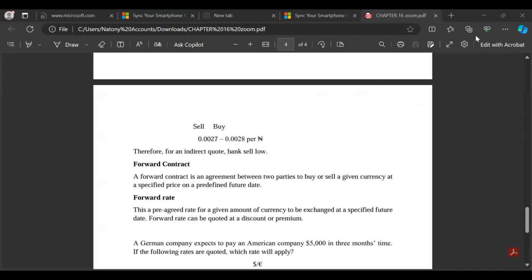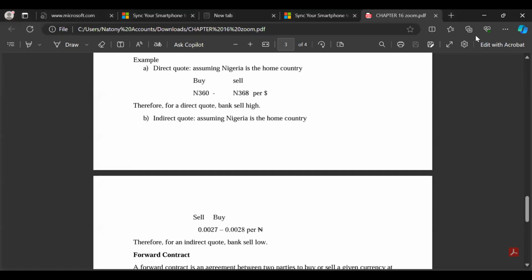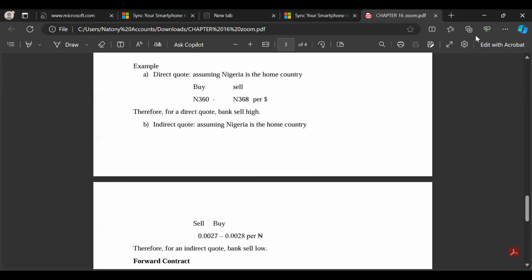Let me bring it down a little. The direct quote is quoted in the local currency; the pricing currency is the local currency. For the indirect quote, the pricing currency is the foreign currency.